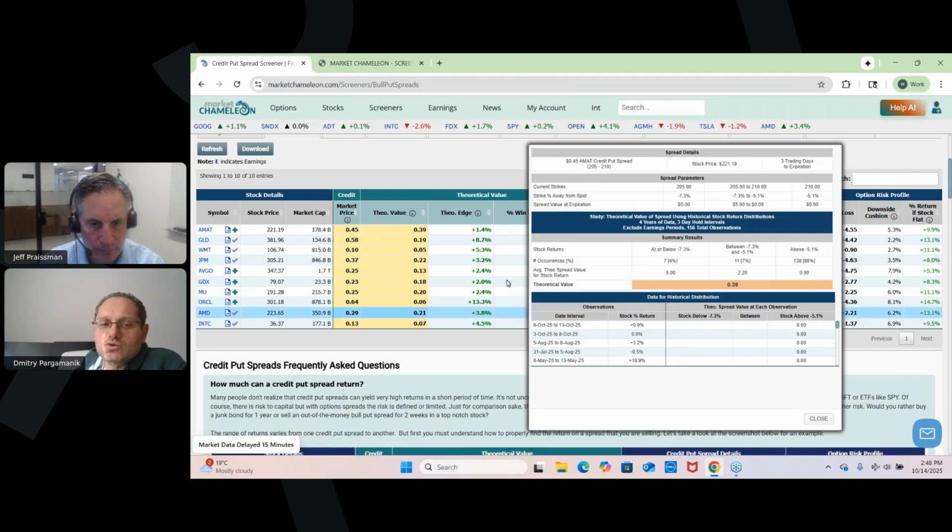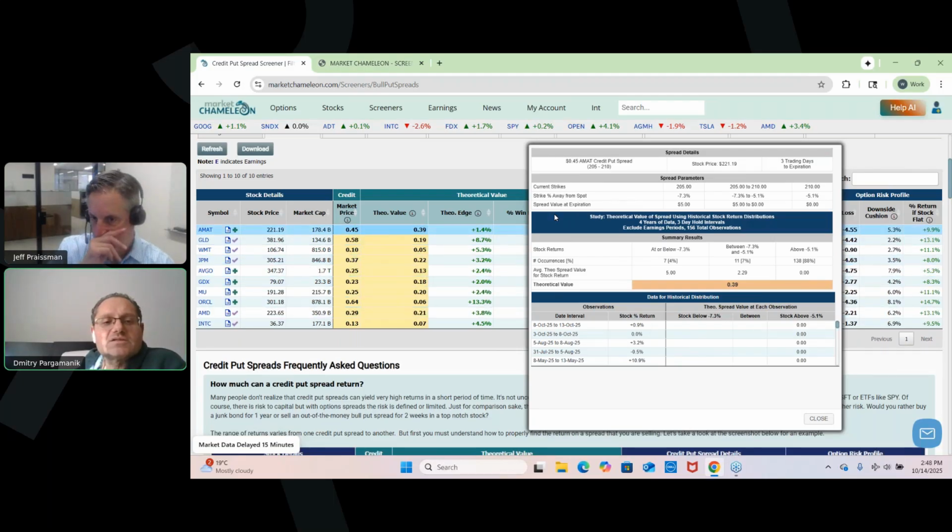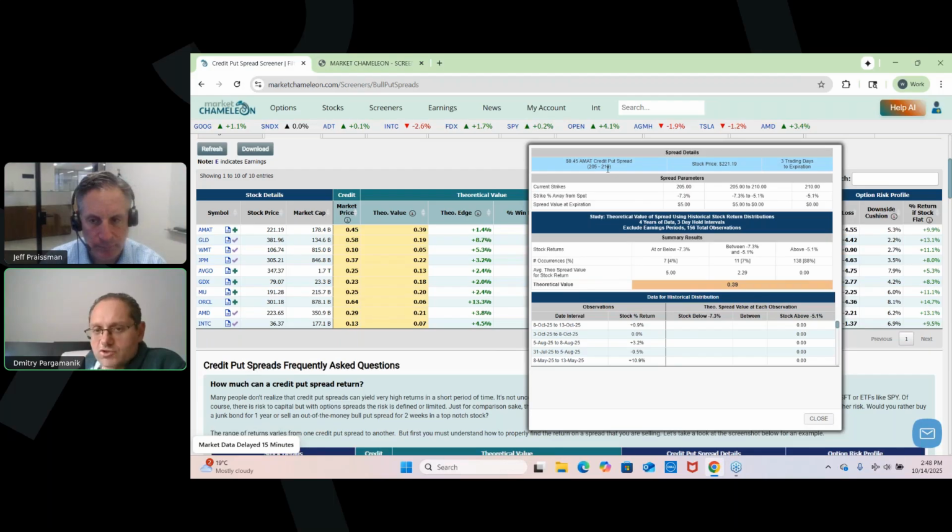When we look at the historical win rate, we take this particular option and we say, okay, here are the strikes. We're looking at the 205, 210 strikes. The stock is 221.19, right? So the stock is above those options, and we look at 3 trading days to expiration.